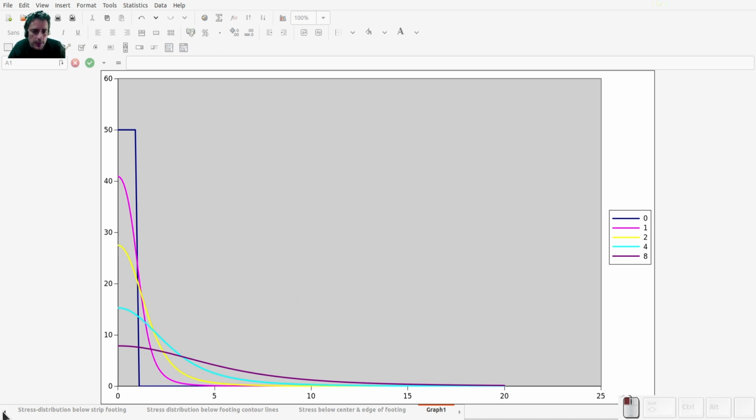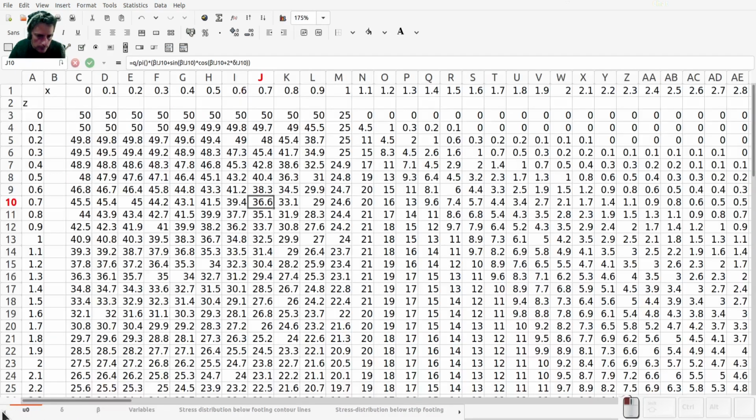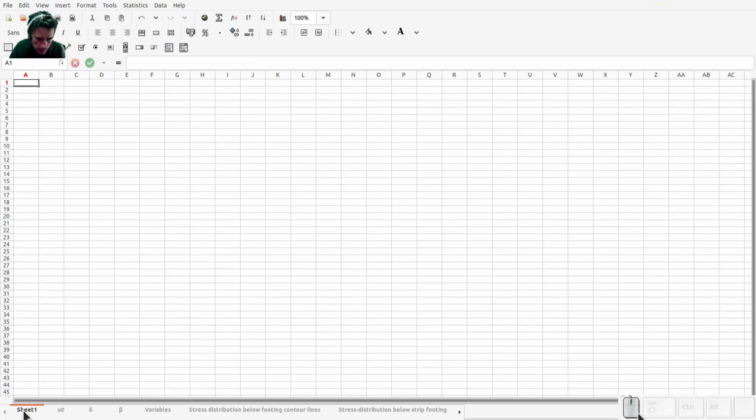So what we're interested in doing now is going back to our 1D consolidation analysis, and in this particular case, let's have a 1D. I will insert a new page, and this is 1D consolidation.